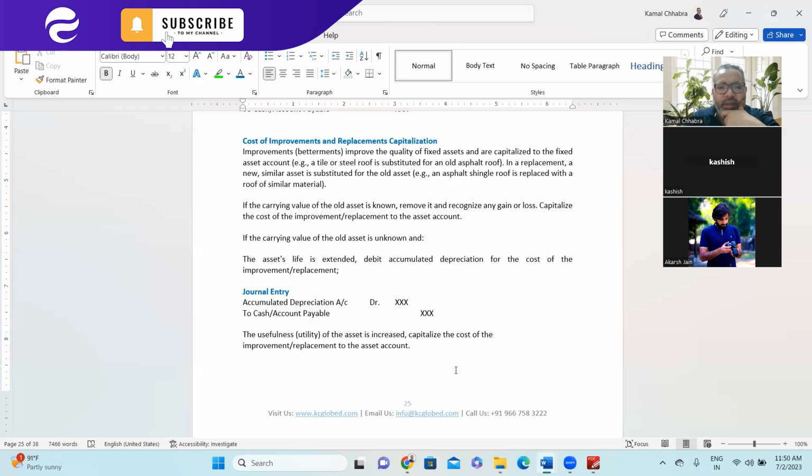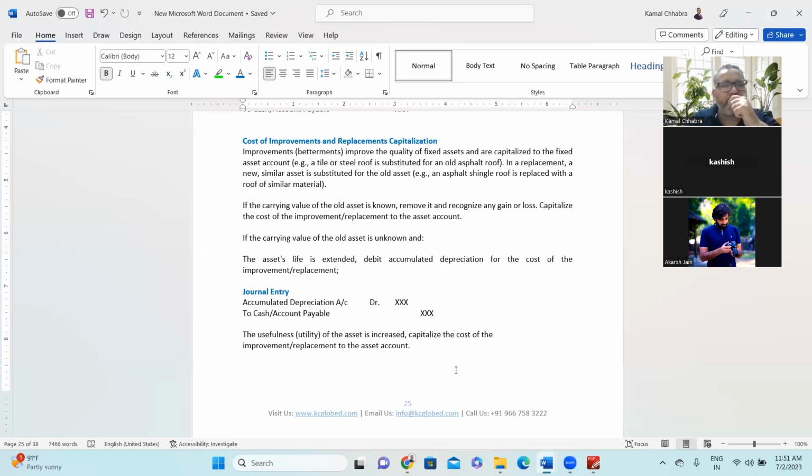In a replacement, a new similar asset is substituted for the old asset, like the old roof being replaced with the new roof material. If the carrying value of the old asset is known, remove it, recognize any gain or loss, and capitalize the cost of improvement or replacement of the asset. For example, you purchase a truck and the truck has an engine, right?